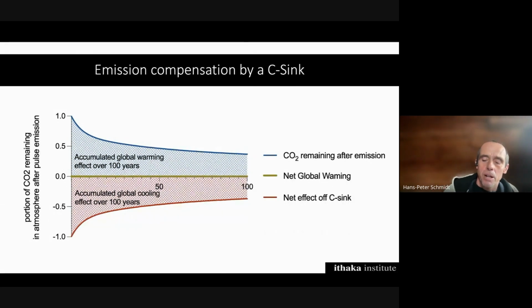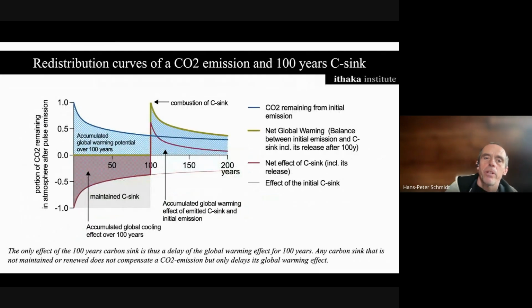The problem is now, what do we do if we have only a short-term carbon sink? Let's say we look at the blue area here. We have an emission, and it is distributed like 62% of the CO2 is distributed to the other pools.